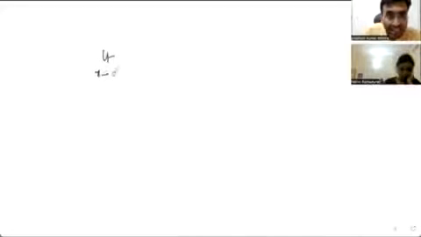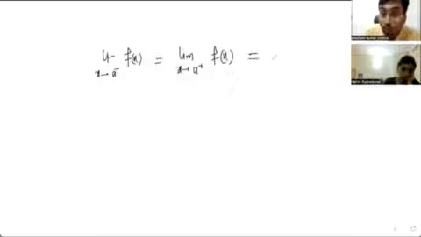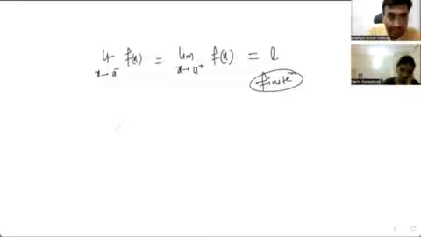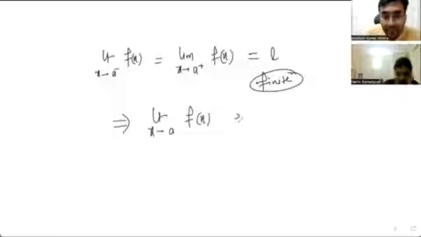Now see, next we have a condition. Limit x tends to a minus f(x) equals limit x tends to a plus f(x), and both are equal to L, and that is finite. Therefore, a conclusion can be drawn: limit x tends to a, f(x) exists.